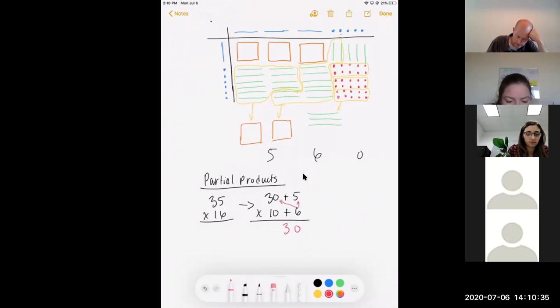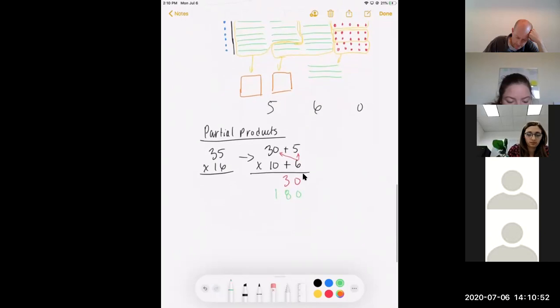6 times 30. 6 times 30 is 180, from these green rods. So we have 6 groups of 3 rods, which is 18 rods. But we're going to do 180 because each rod's worth 10. Now we're going to go with 10 times 5 and then 10 times 30. 10 groups of 5 and 10 groups of 30.